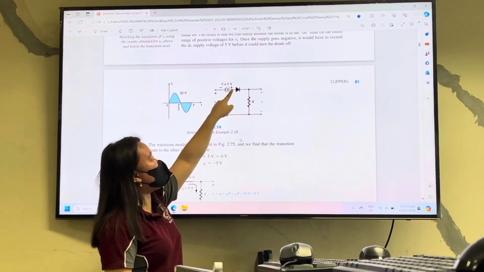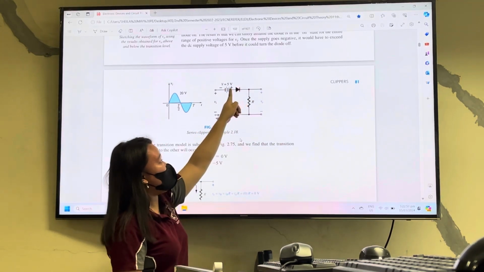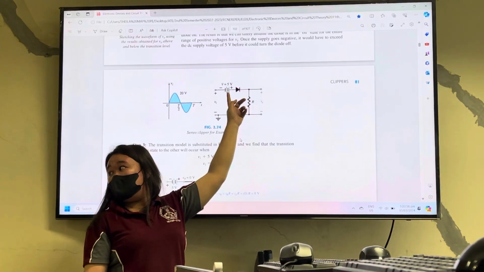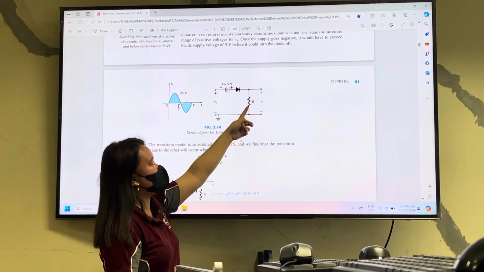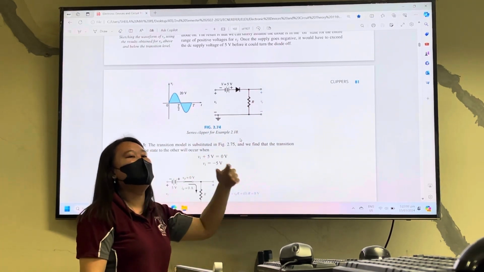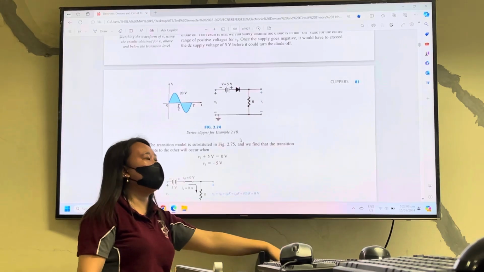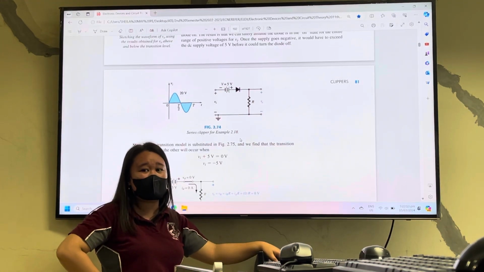So VI plus 5, 0. It is linear. It acts like a switch. Okay? So 0 equal to 0, because according to KVL, the algebraic sum of all the voltages in our circuit is equal to 0.